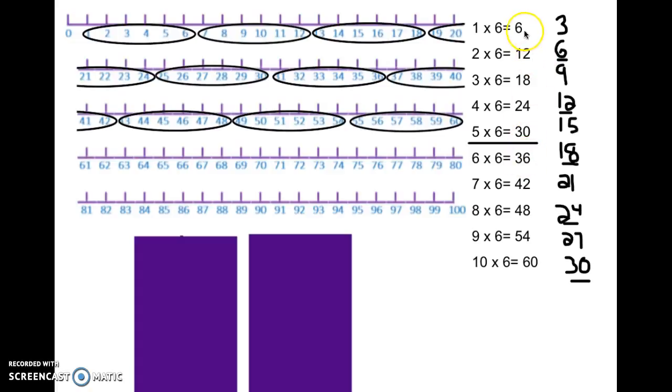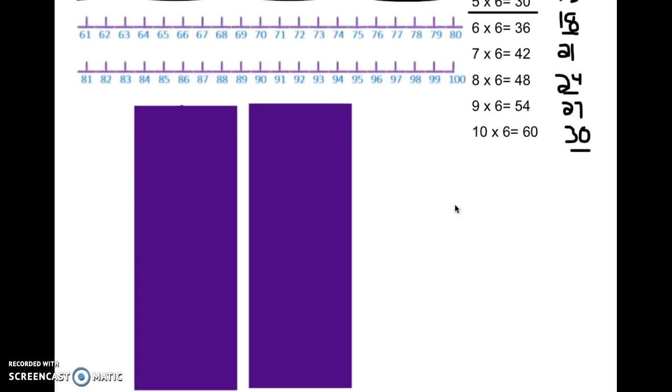If I took 36 minus 6, I'd get 30. 12 to 42 is also 30 apart. 42 minus 12 is 30. 48 minus 18 would give me 30. 54 minus 24 would give me 30, and 60 minus 30 would give me 30. So there's some really cool patterns that exist when you look at the sixes.